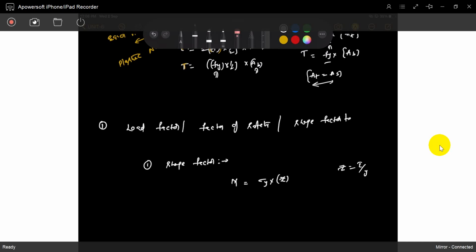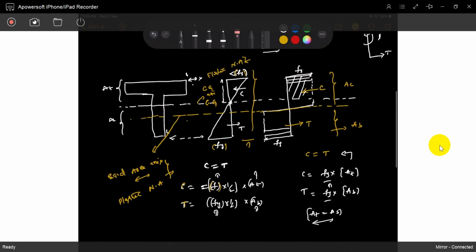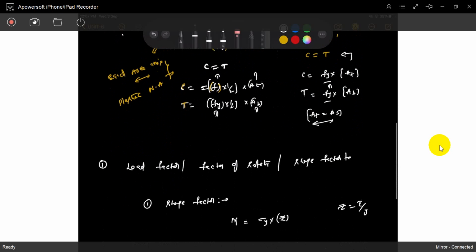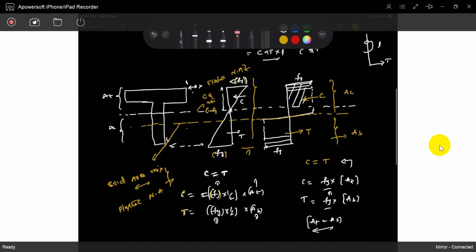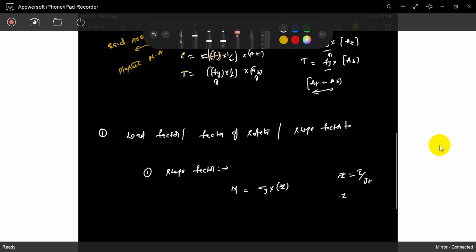If it is an irregular shape, y top is changing, y bottom is changing. Which one is taken? Z is I by y maximum. Whichever is maximum is taken for Z.